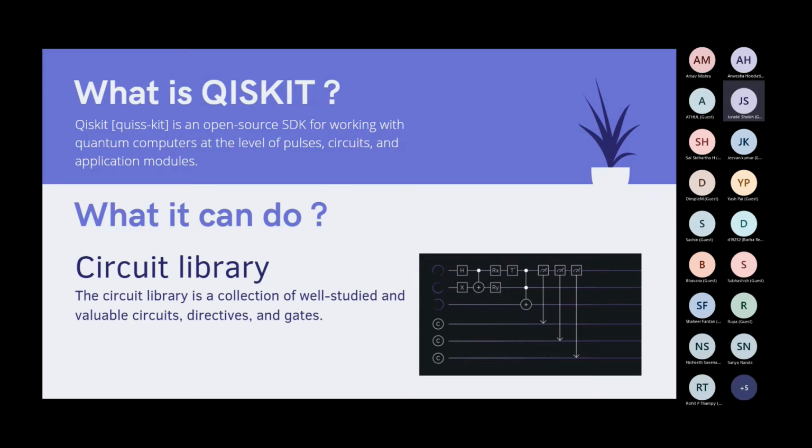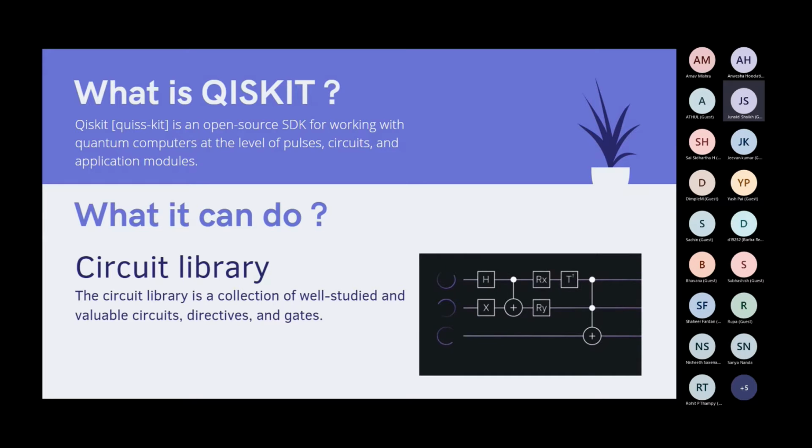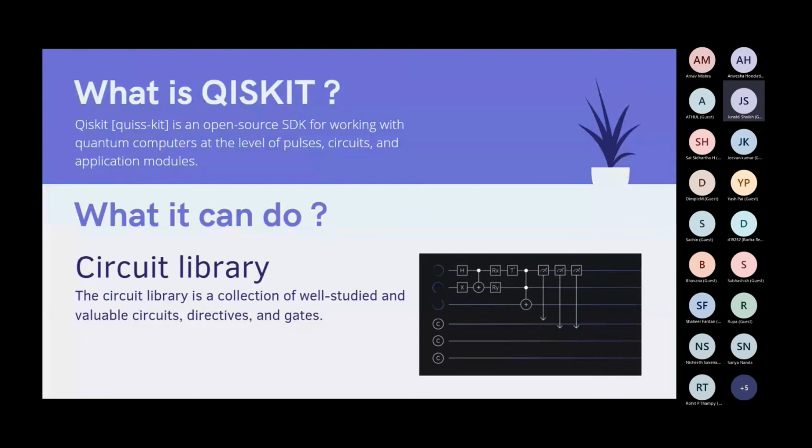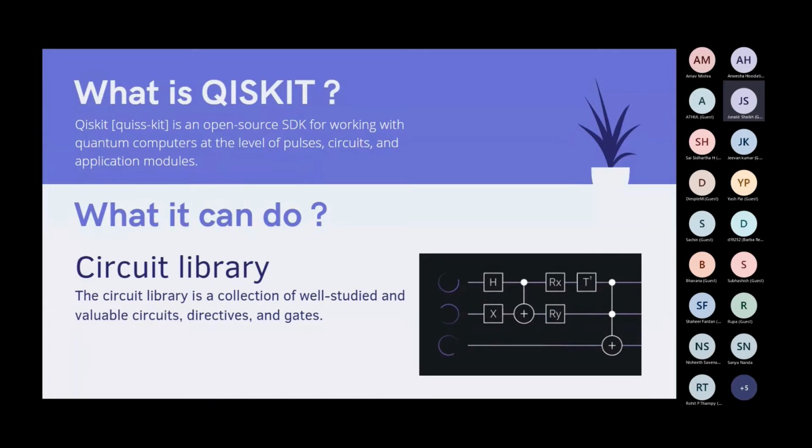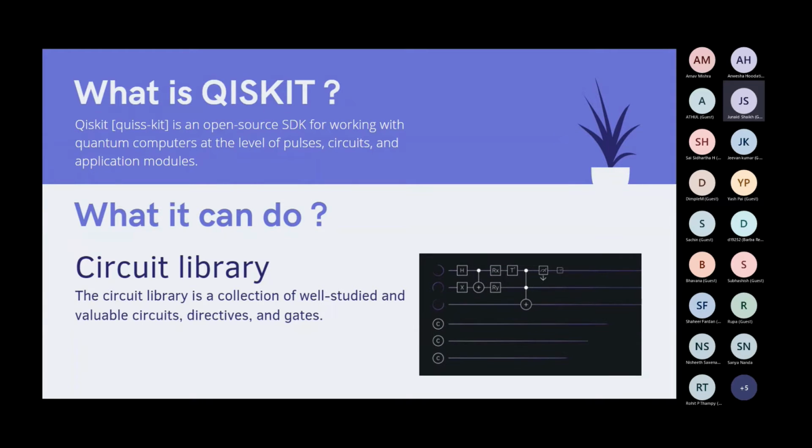When we write quantum algorithms, we have to use many gates, optimization techniques, measurements, etc. Right? So Qiskit is able to provide the modules for overall execution.